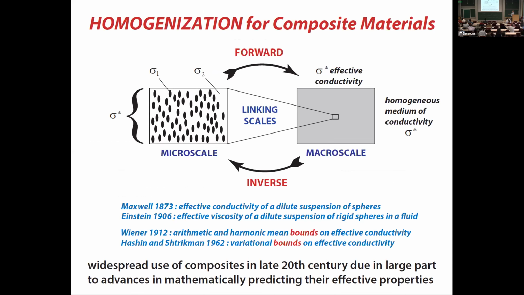This is a whole field of mathematics and physics and engineering, where we might have information on the conductivity, say highly conducting inclusions like salty water in ice, and we have some information about the geometry, and then what is the effective conductivity? That's the homogenization problem, and that's the forward problem. The inverse problem is, given measurements, how do you figure out what was in the black box? What's the geometry in the mixture that is giving rise to that effective behavior?